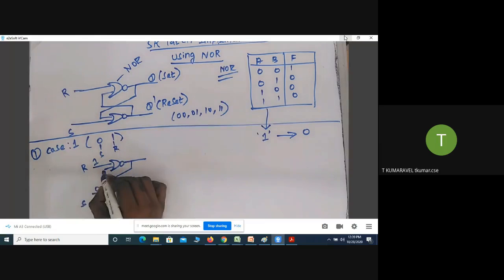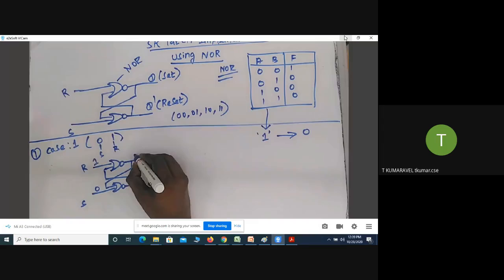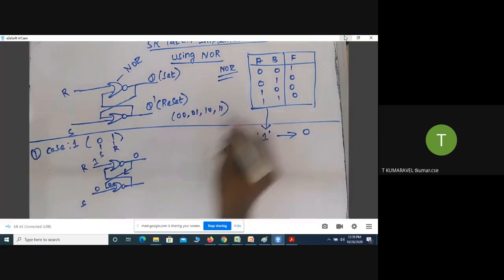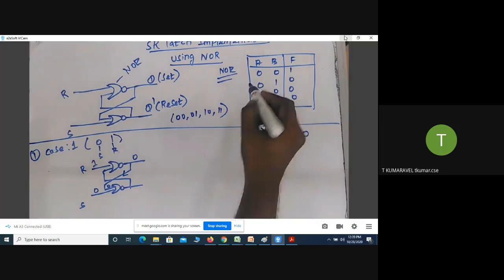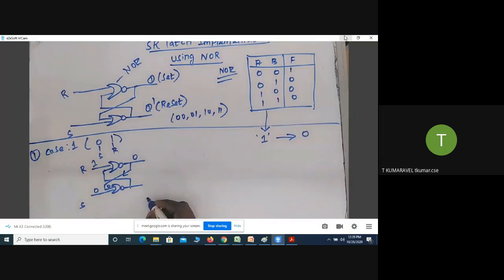So definitely, irrespective of the other input, it will generate the output equal to 0. This is a feedback for here. Look at the NOR truth table. If both inputs are 0, what happens? It's going to produce output equal to 1.